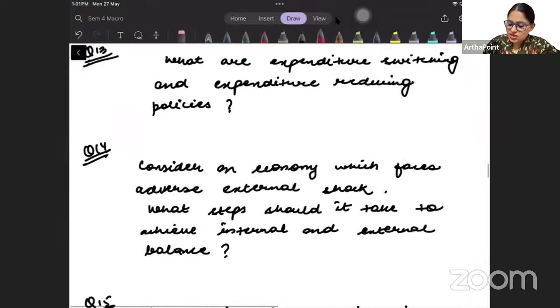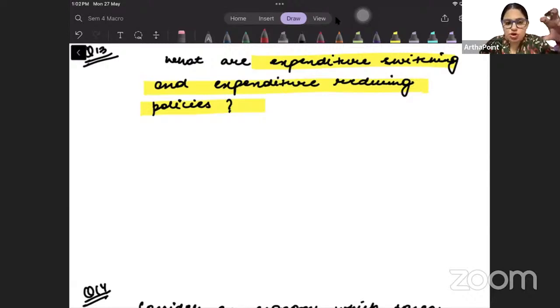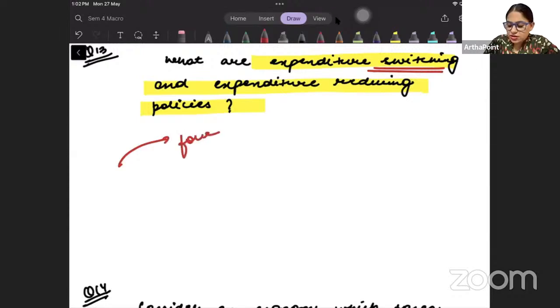Okay, now come to the next question, beta. The next question is saying, what are expenditure switching and expenditure reducing policies? So try to understand the difference. Sometimes they ask for the difference: what is the difference between switching and reducing policy? Expenditure switching means you switch your expenditure. Earlier you were spending on foreign goods, now you will spend on domestic goods.